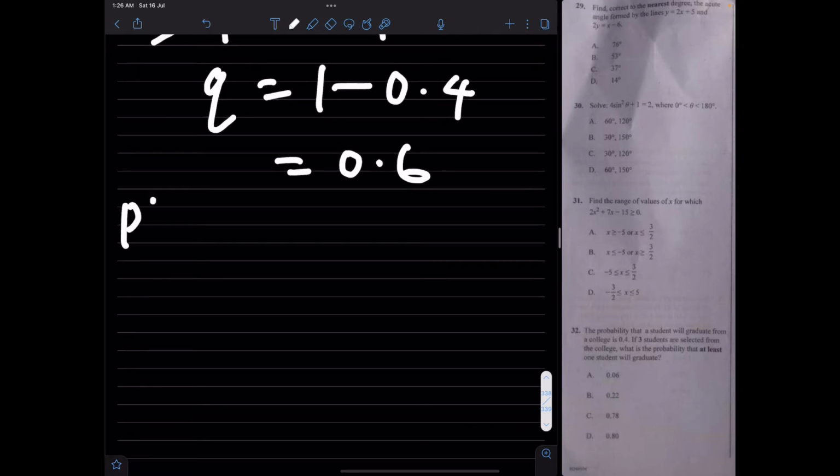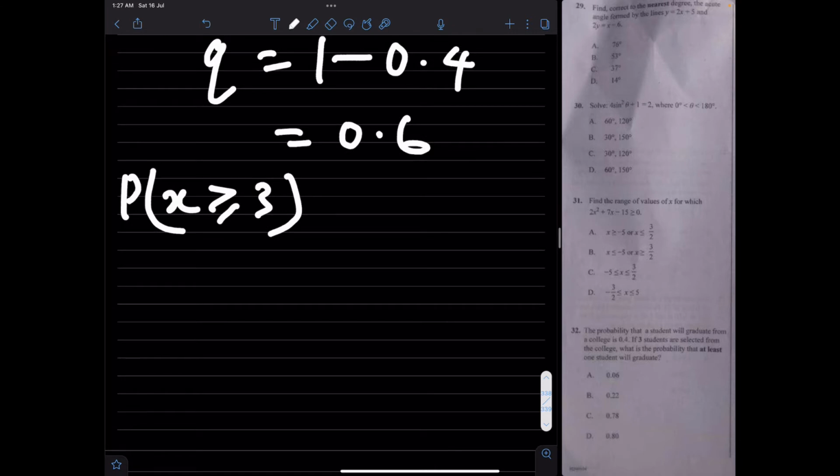So if 3 students are selected at random, the probability that at least one of them will graduate is going to be P(X greater than or equal to 1). There are 2 ways to do this. I can write that at least one of them will graduate means x greater than or equal to 1, which will be P(X = 1) plus P(X = 2) plus P(X = 3).